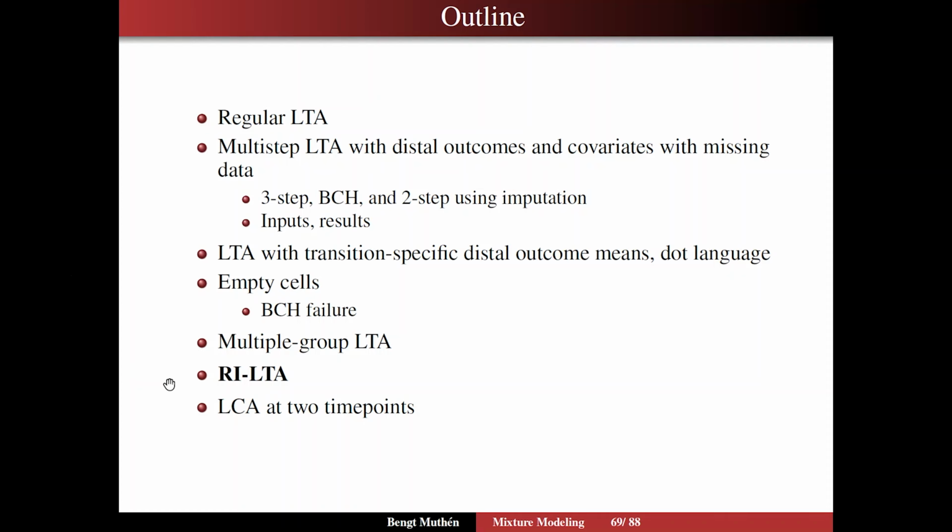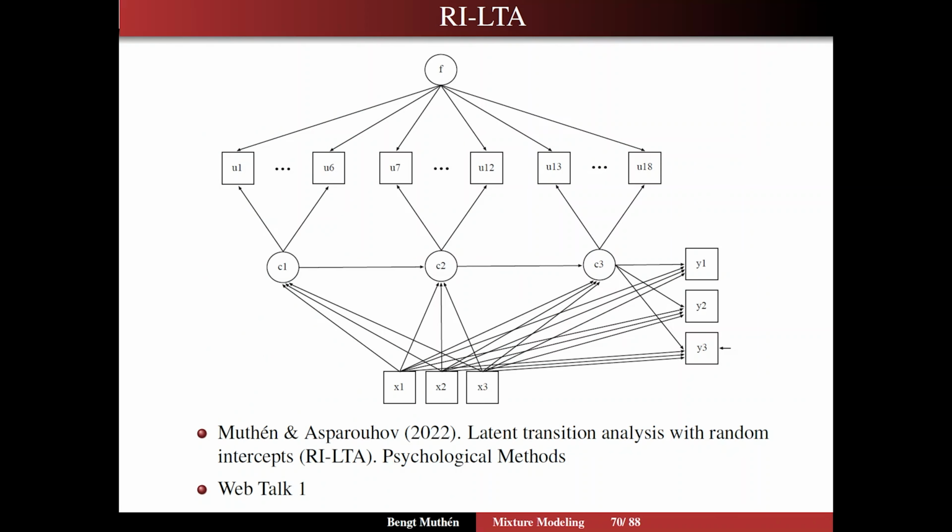We now turn to RI-LTA, namely random intercept LTA, with an emphasis on the multi-step aspect of that. Slide 70 shows an example of RI-LTA with 3 time points, C1, C2, and C3, where we have distal outcomes Y influenced by the last time point, the latent class variable C3.